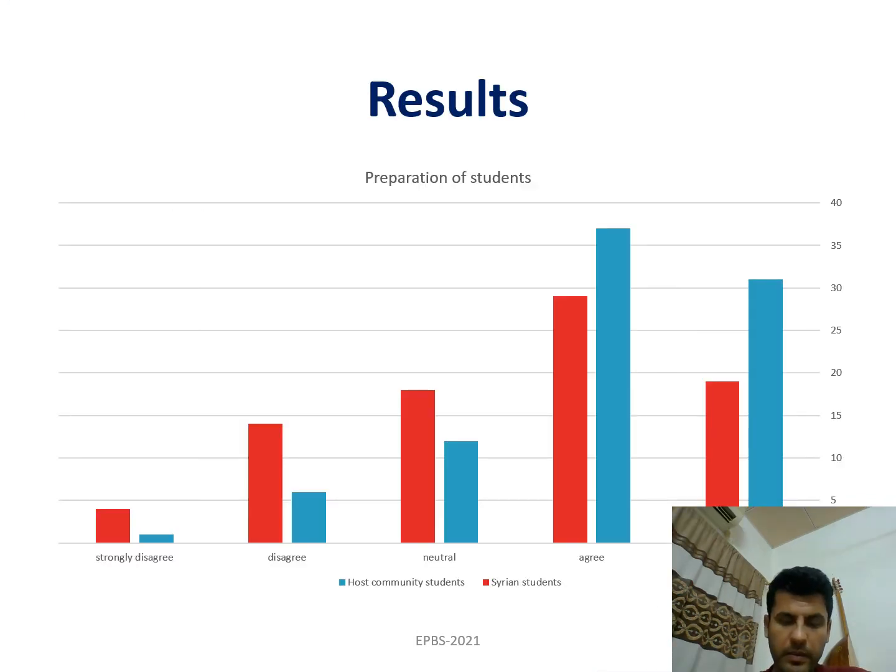As you see, the host community students are in blue and the Syrian or refugee students are in red. This shows to what extent they are preparing themselves before going into the classes.